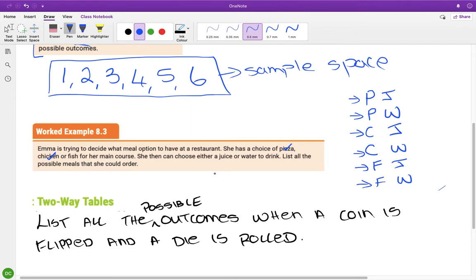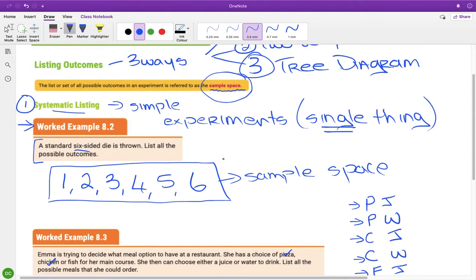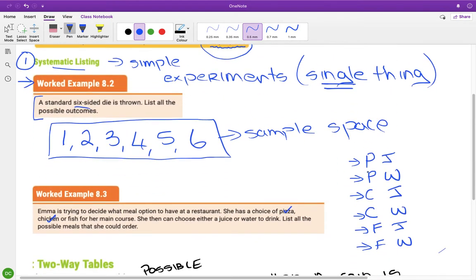Fish water sounds nice. And again, I did that in a logical way. I didn't just pick any meal and any drink and then move randomly on to another meal and another drink. I did it in a systematic way. I did pizza first, then I did the chickens, then I did the fish. It was very organized. So that's systematic.